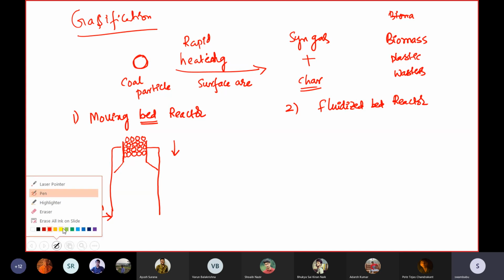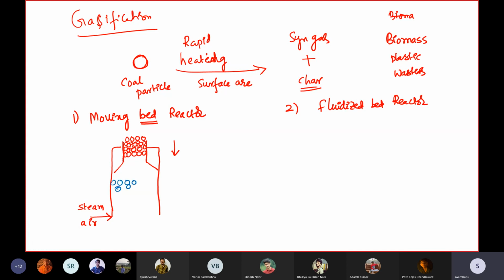So let's say some of the particles have already entered, as the bed is moving down, and the particles I am drawing in blue color are gasified. They are in contact with the steam and air.